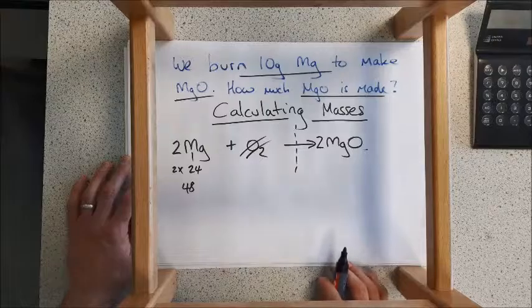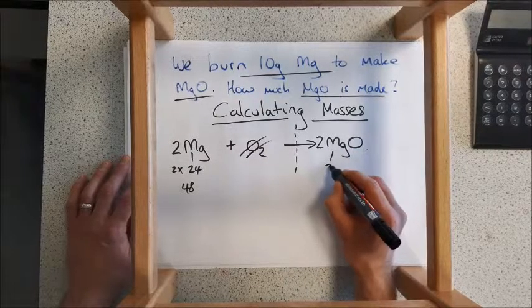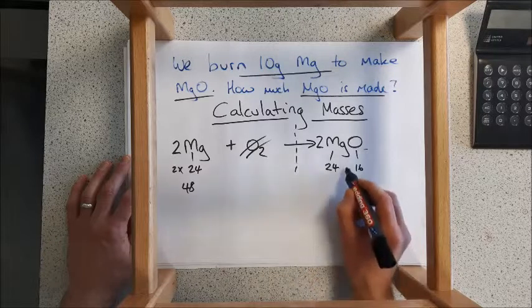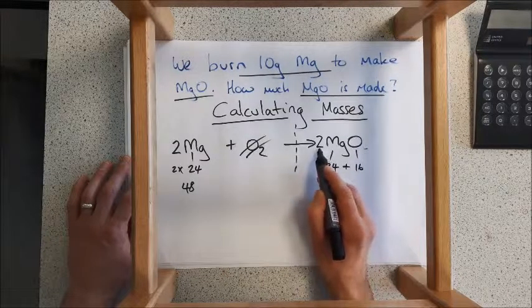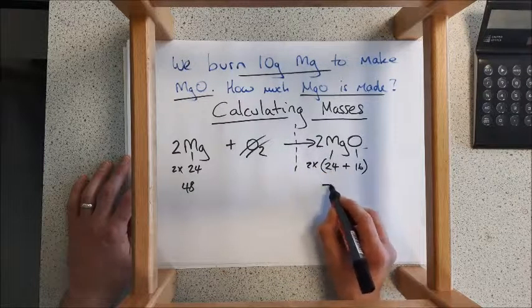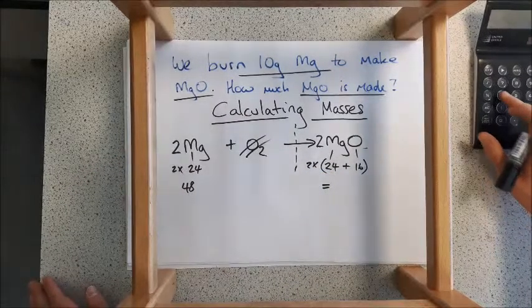So now we're going to be going over here to our magnesium oxide. So we've got our magnesium, which has a mass of 24. We've got our oxygen, which has a mass of 16, so we're going to add those together, but there's 2 lots of all of that. So we're going to times it by 2. I've got my calculator off screen.